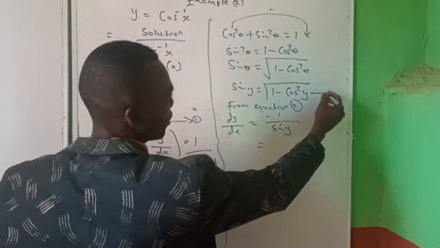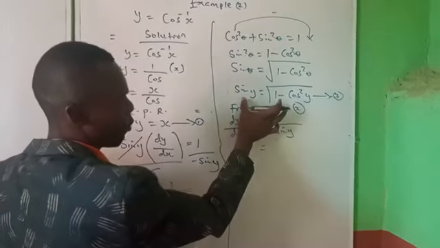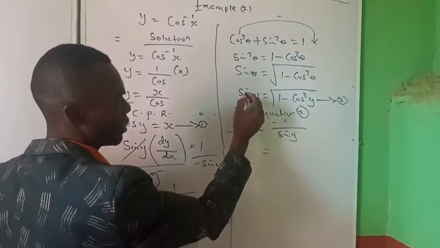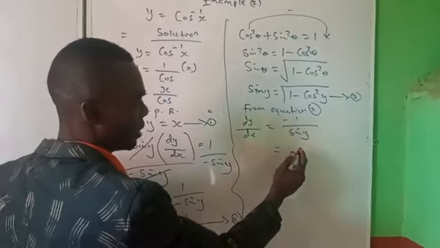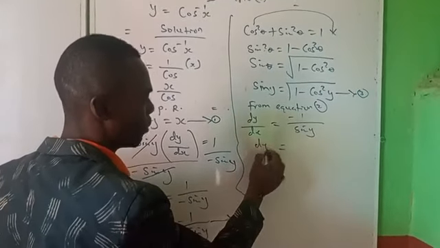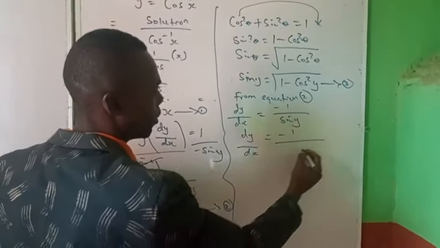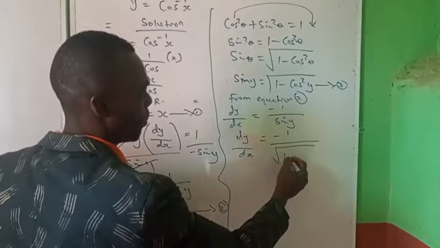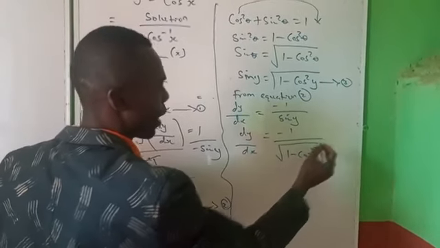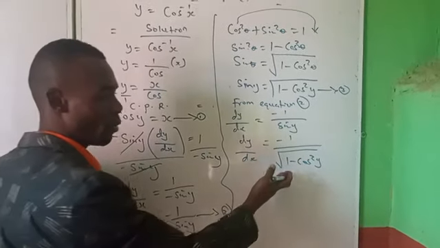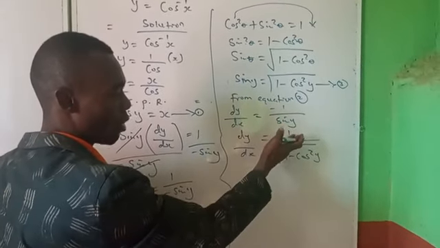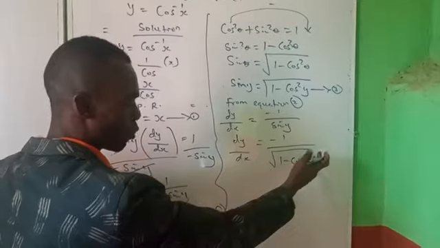Let's say this is equation 3. Wherever you see sine y, put this. Now we have dy with respect to ds to be minus 1 all over root 1 minus cos square y.